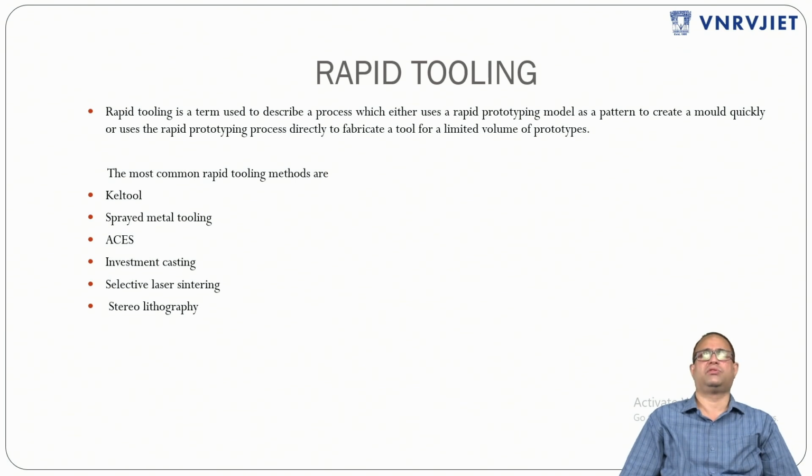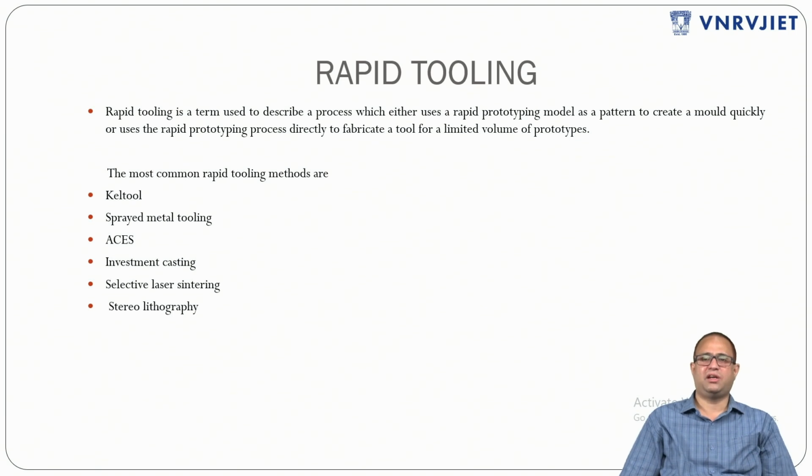Suppose you want to make complex patterns, complex shapes or complex molds; doing that in subtractive manufacturing is quite difficult. This is where rapid tooling bridges the gap between iterative tooling and the design process. So this is where it plays an important role.